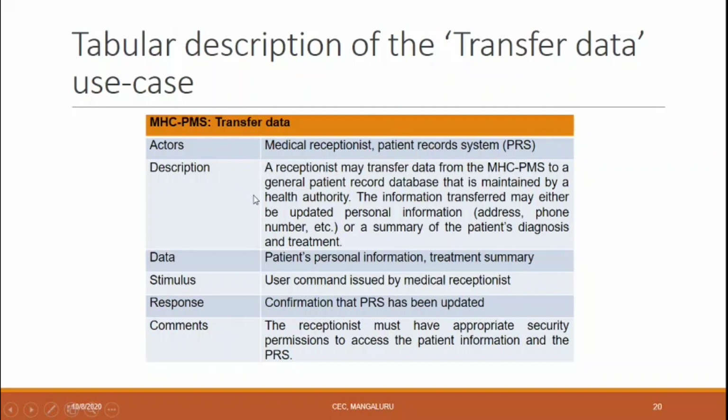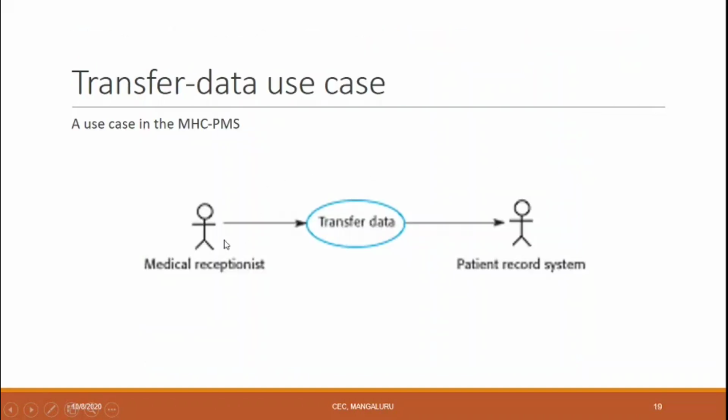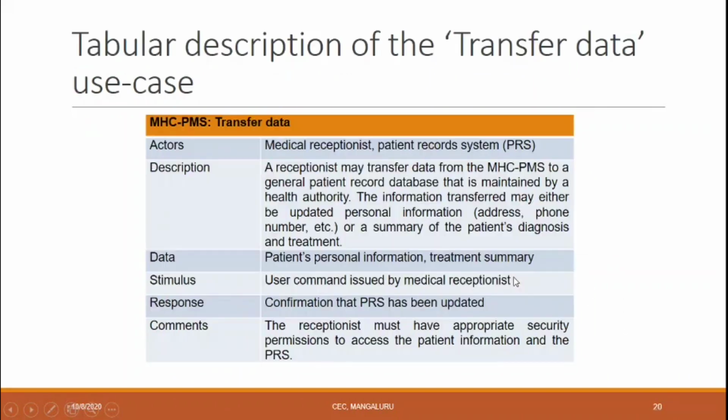That is the transferring the data use case. Here you can see the actor. What is the actor actually doing? It's a medical receptionist as well as the patient record system. You can see in the previous diagram, one is the medical receptionist and the patient record system is also an actor. An actor, in the sense, can be a software system or a whole system.